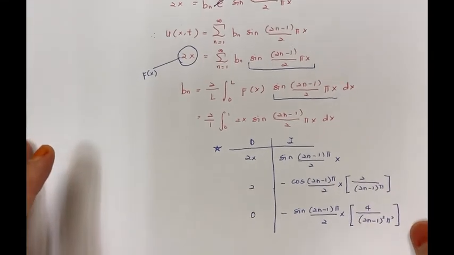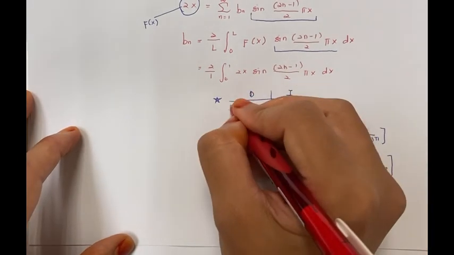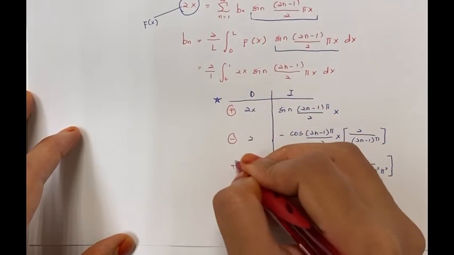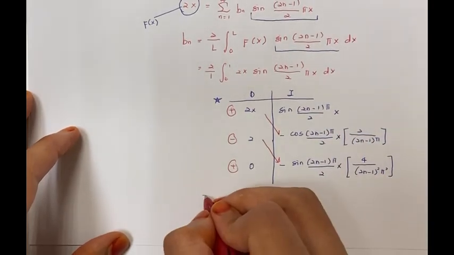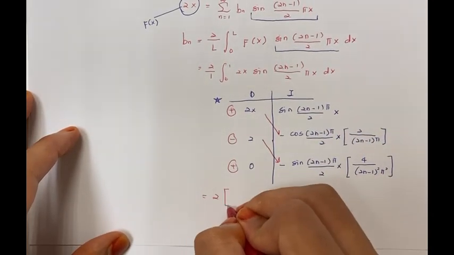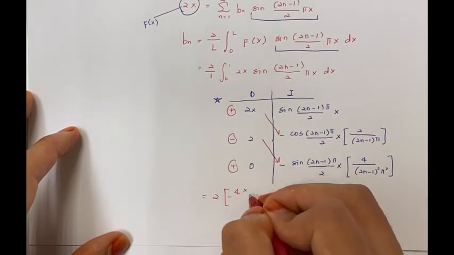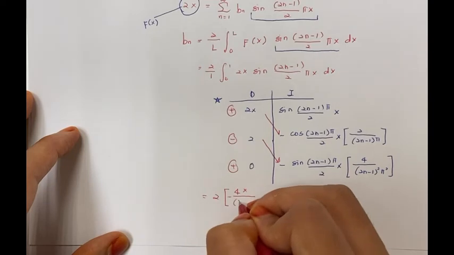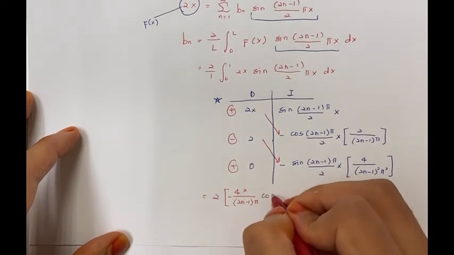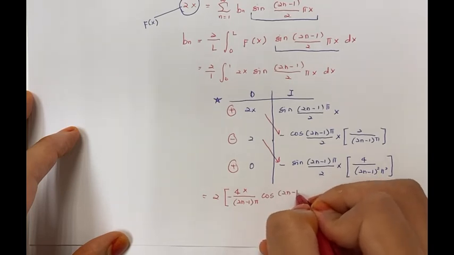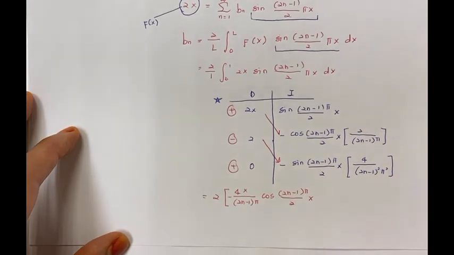So Bn is equal to, with signs plus, minus, plus: 2x times 4 minus 4x divided by (2n minus 1) pi, cos of (2n minus 1) pi divided by 2 x.